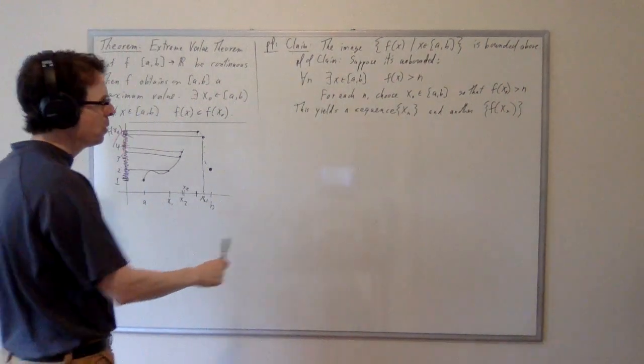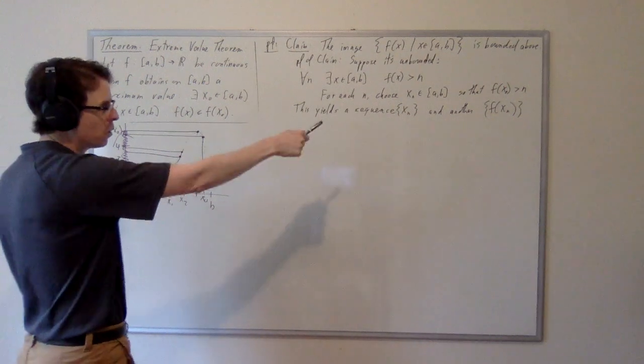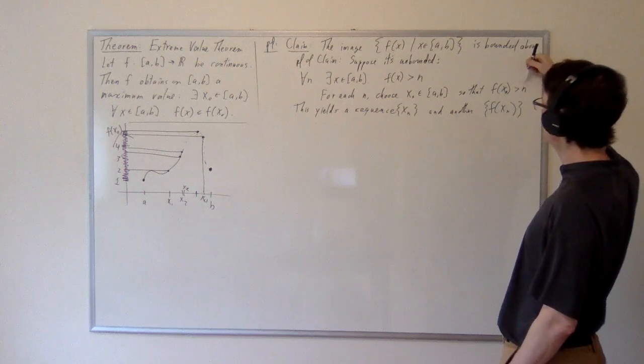So what are we going to do with these sequences? Well, you might think that the xn is easier to deal with because it's the x values, but the sequence of the y values is much easier to deal with because these exceed n.